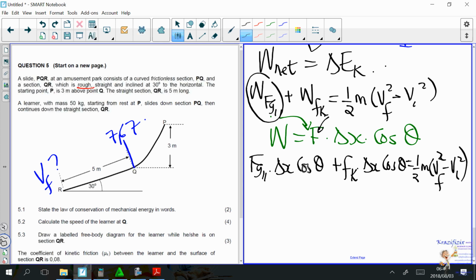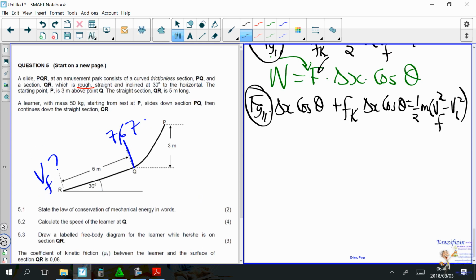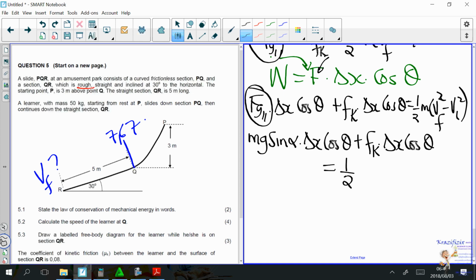But hold on, what is my Fg parallel? We did that. We said when it's parallel, we use what sign? Mg sine alpha. This is where I now explain what I was trying to say about the angles. Cos theta plus, you've got to follow this carefully because of my space, should now be equal to half m Vf squared minus Vi squared.